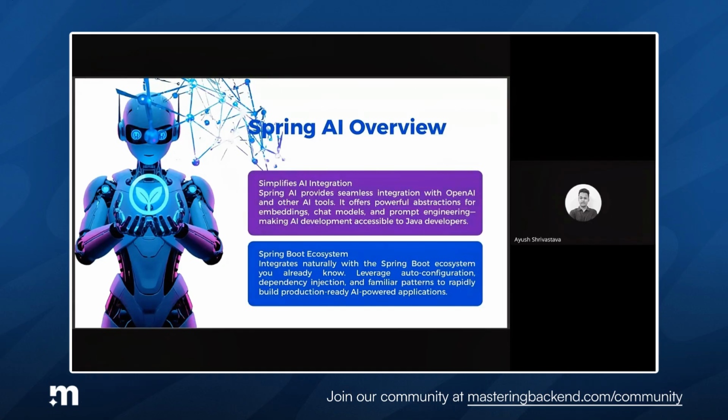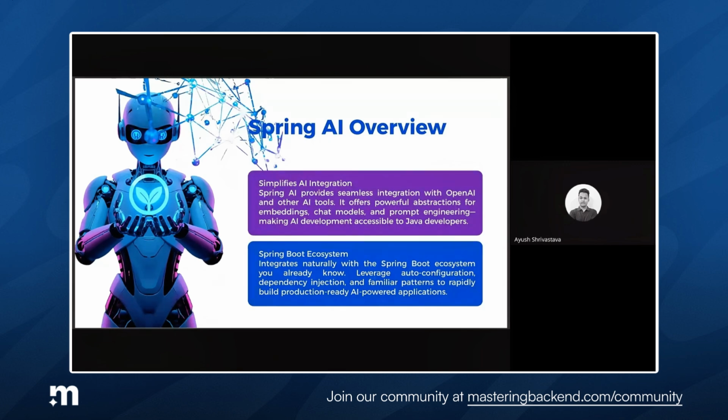Spring AI solved this problem just like Spring Boot simplified backend development. In a similar way, Spring AI simplifies AI integration. With the help of Spring AI, we can integrate AI into our legacy backend system and convert it into a modern backend system.